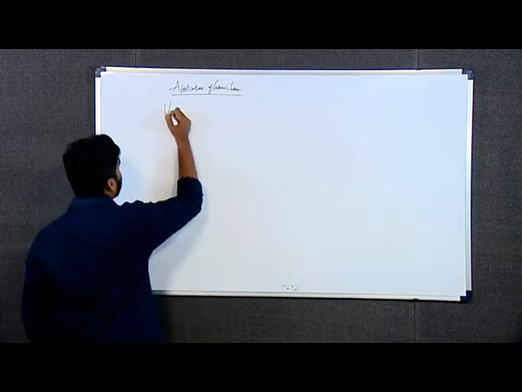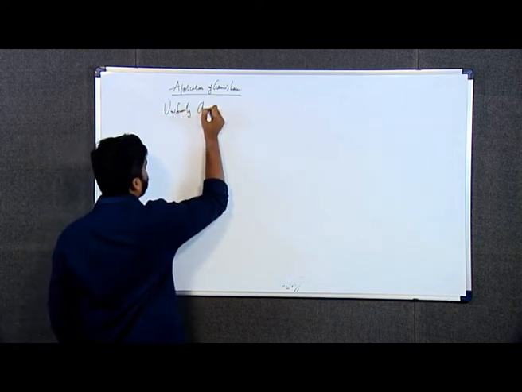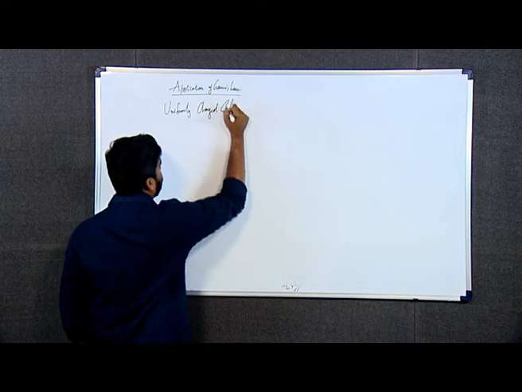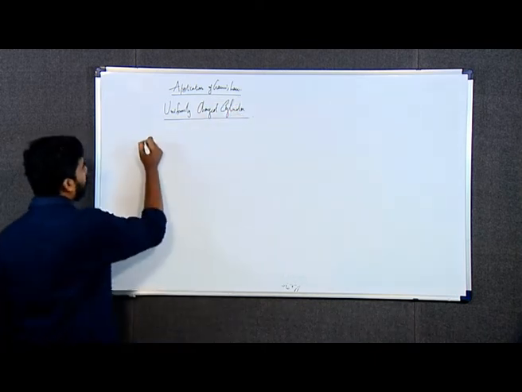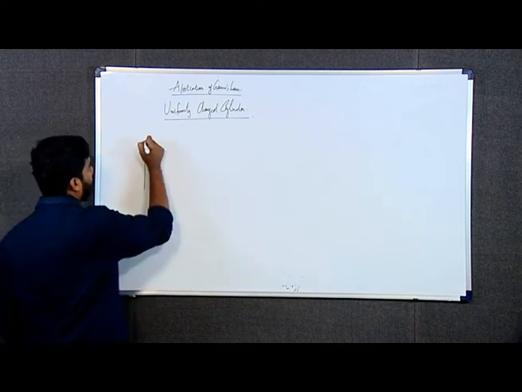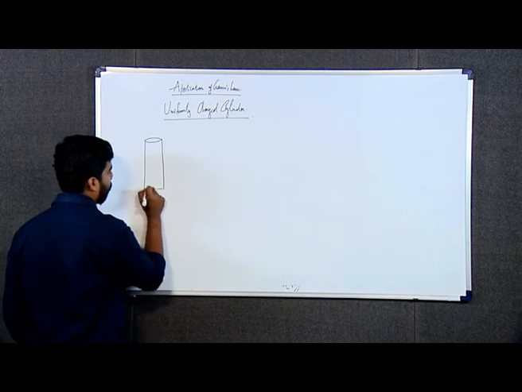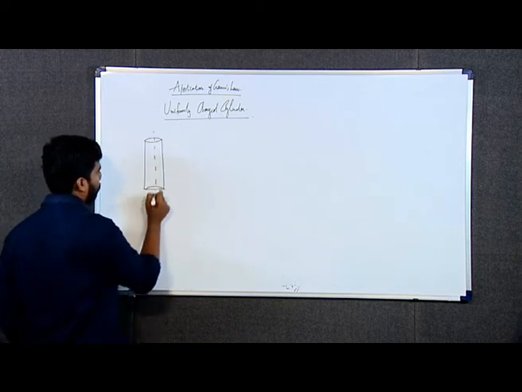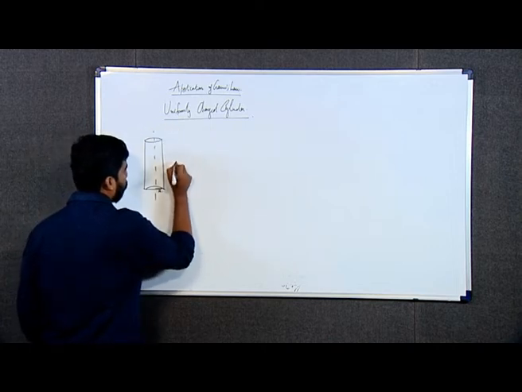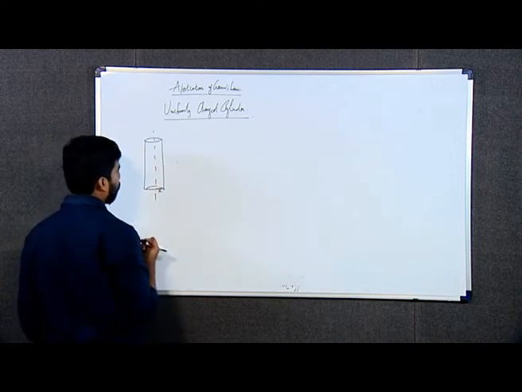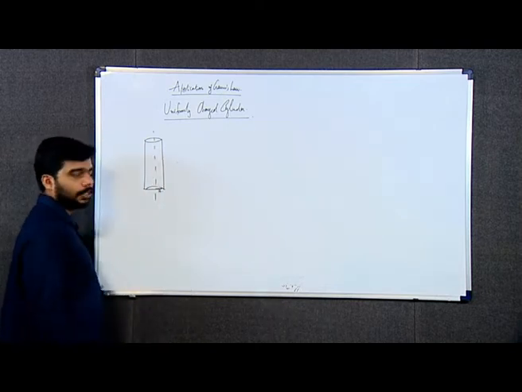So, for a uniformly charged cylinder, consider a cylinder of radius R, and I want to find out the electric field outside the cylinder, on the surface of the cylinder, and inside the cylinder.